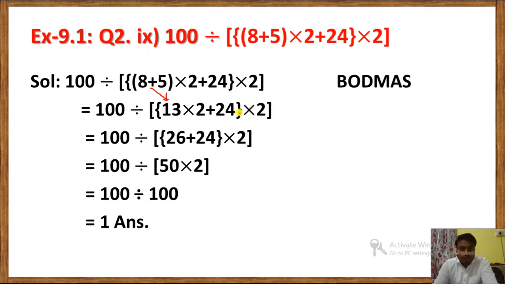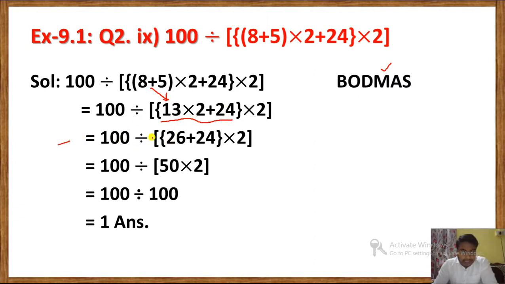Now we have to do the work of the curly bracket. Here you can see we have 13 into 2 plus 24. So here also we have to follow the BODMAS rule. Multiplication will come first, so first we multiply 13 by 2, then we add 24. Understood? So let's do it in the next line.